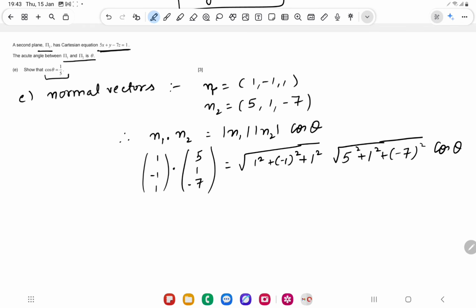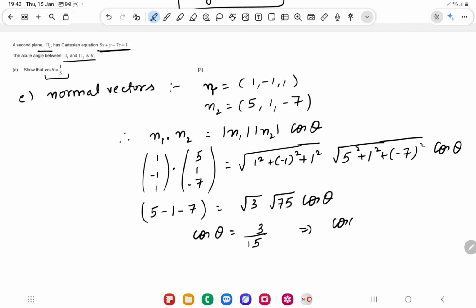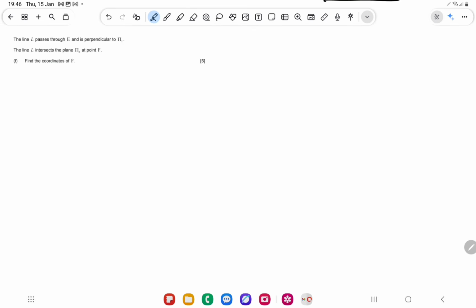Now after doing the dot product, I will get 5 minus 1 minus 7, and this will be root 3, this will be root 75 cos theta. Now I can rearrange and write my cos theta as 3 by 15, which gives me cos theta as 1 by 5. This is what we have to show in this part.